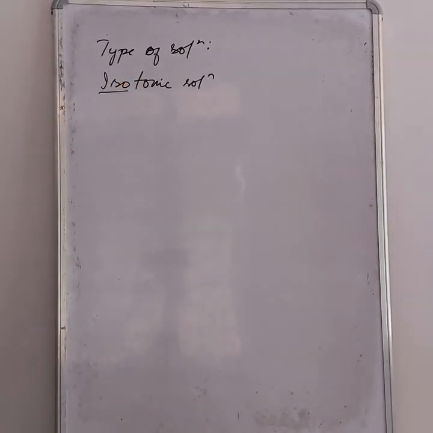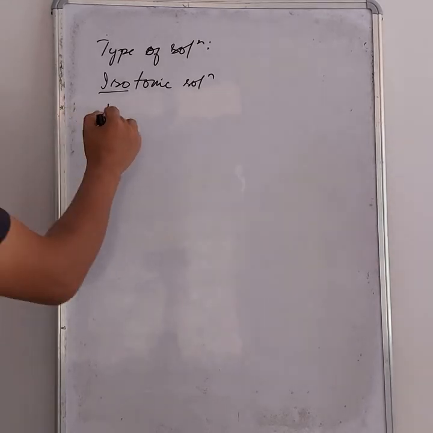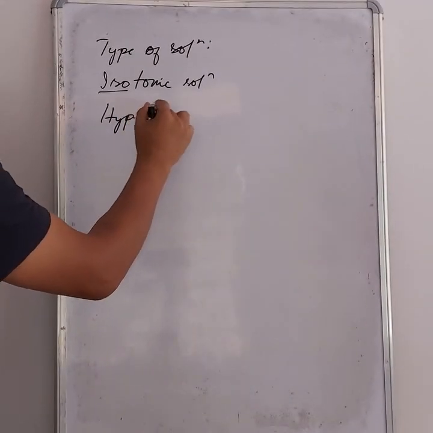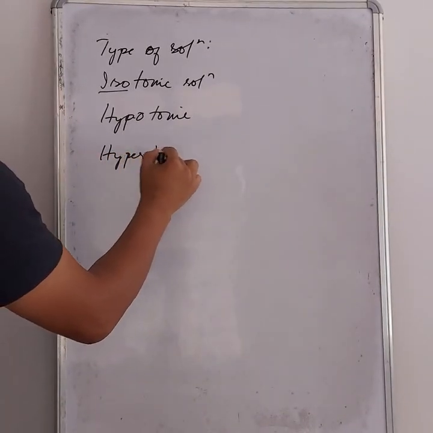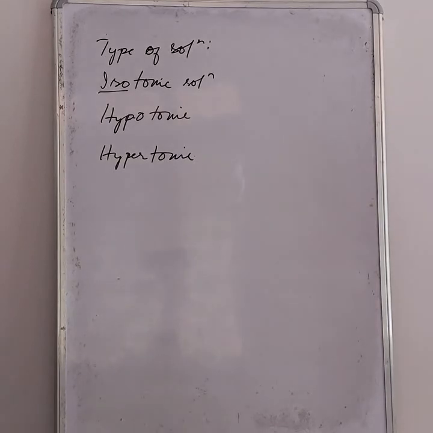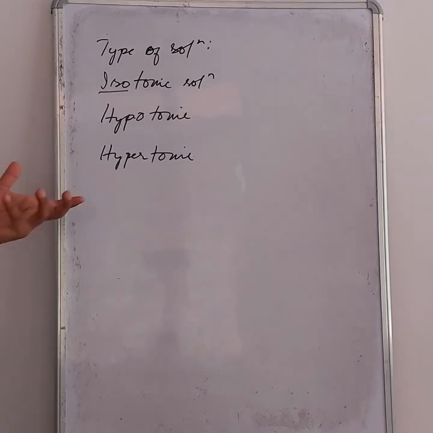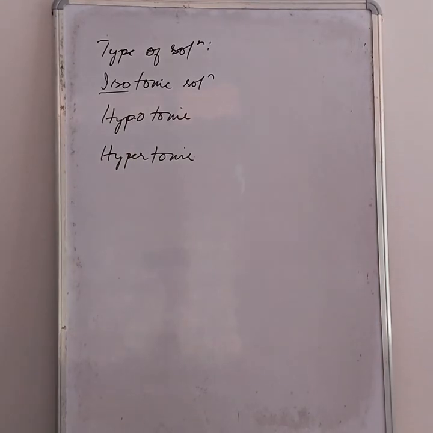Iso simply means same. The next one is the difference between hypotonic and hypertonic solutions. If the solution is concentrated, then we call it hypertonic. If the solution is very dilute, then we call it the hypotonic solution.